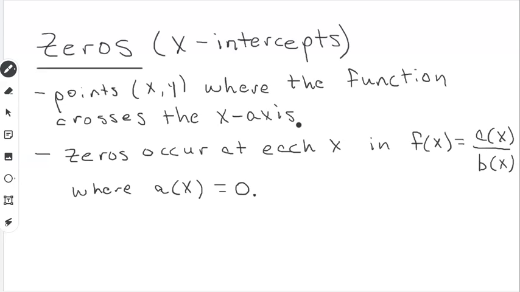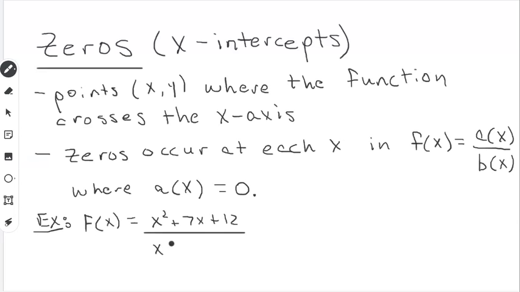And we'll do a quick example from the last slide. Let's say we had that example where f of x equals x squared plus 7x plus 12 on the top of the fraction, and the bottom of the fraction being x squared plus 8x plus 15.